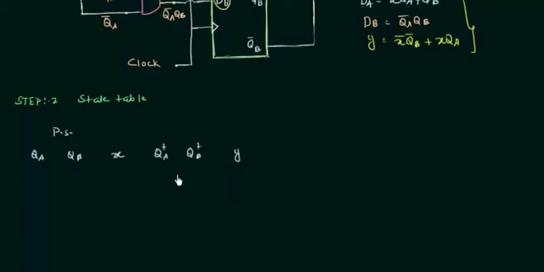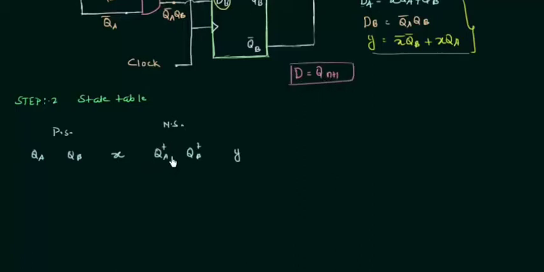Now a very important thing is the value of the next state. We know our QA and QB, we know our input X, and depending upon QA, QB and X, we will have the value of y from this equation. But how are we going to find out the next state? You have to just remember the lectures when we were studying the flip-flops, and when I was explaining the D flip-flop in the characteristic table and the excitation table, I told you that the value of D is equal to Qn plus 1, where Qn plus 1 is my next state.